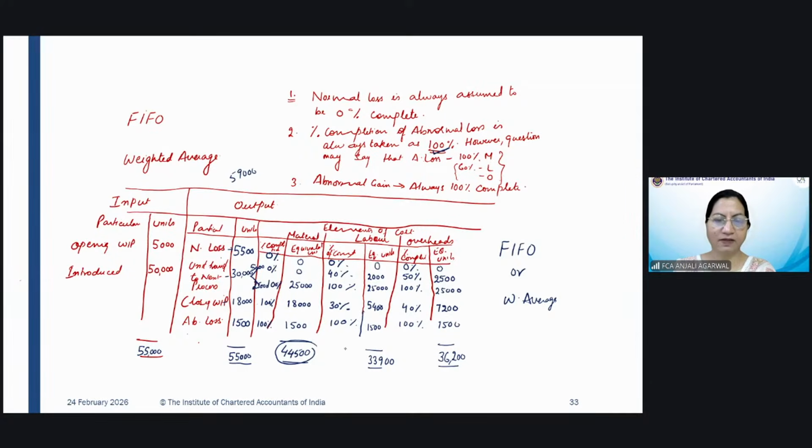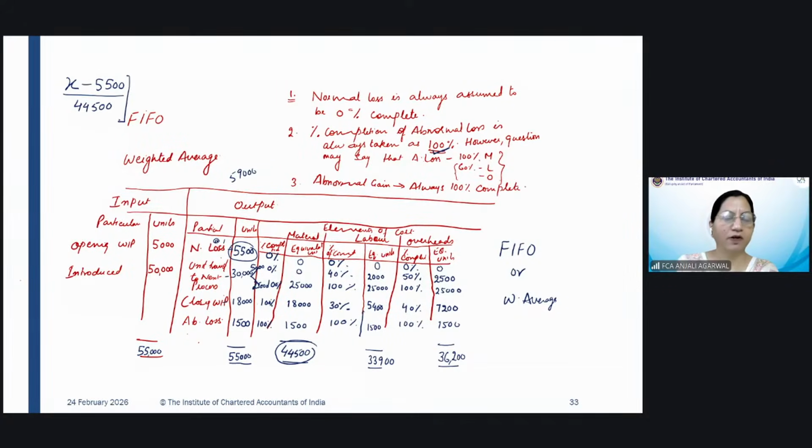Finally, we will calculate. So if the total material cost is X, then something will be realized from the sale of normal loss units, let's say at the rate of 1 rupee. So X minus 5,500 will be divided by 44,500 to find out the material cost per unit.